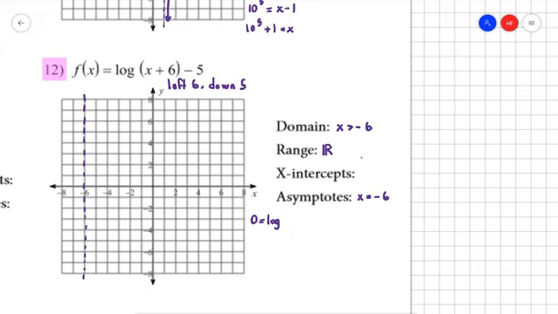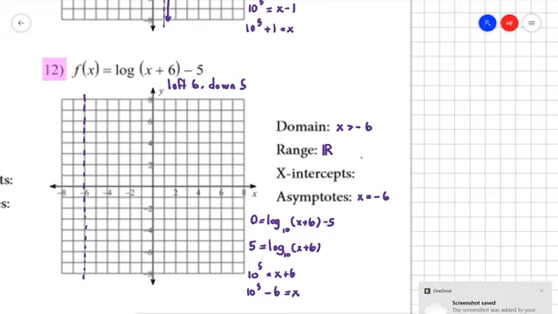Solve our log equal to 0. Add 5. Convert. Solve for x. 10 to the 5th minus 6, which is 99,994.